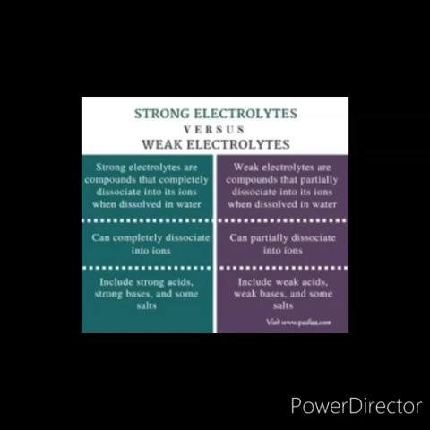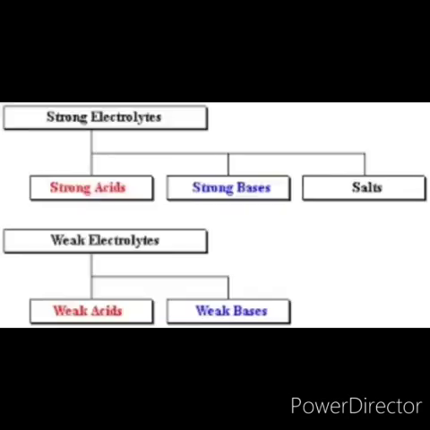Strong electrolytes include strong acids, strong bases and some salts, and weak electrolytes include weak acids, weak bases and some salts. For example, strong acids are HCl, HBr, and strong bases NaOH, KOH. Examples of strong electrolytes are strong acids, strong bases and salts. Examples of weak electrolytes are weak acids and weak bases.